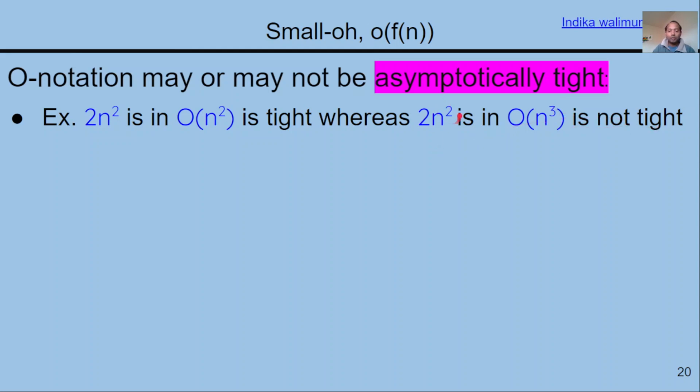Because see that the power here is now more than that. So this big O of n to the power 3 is not as tight as this. This is a tight bound because it's the same order. We say it's tight, but this is not.